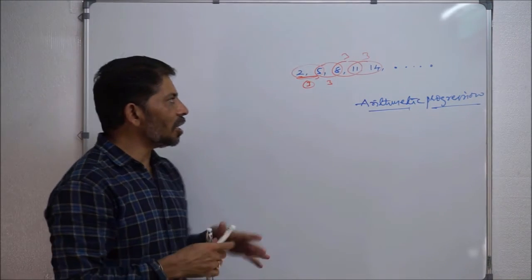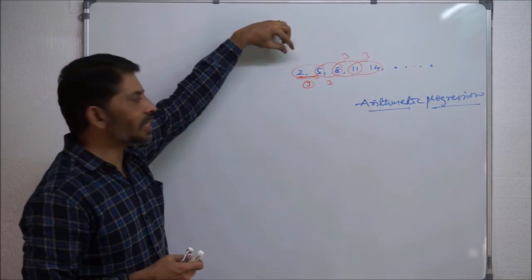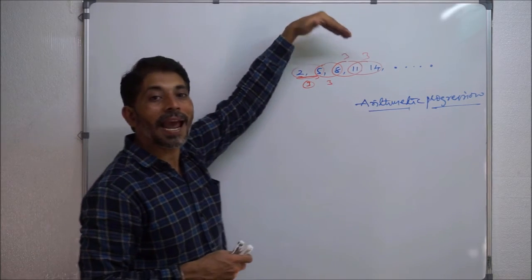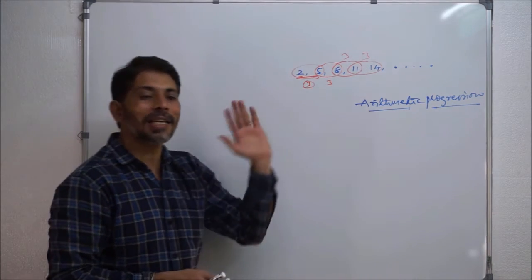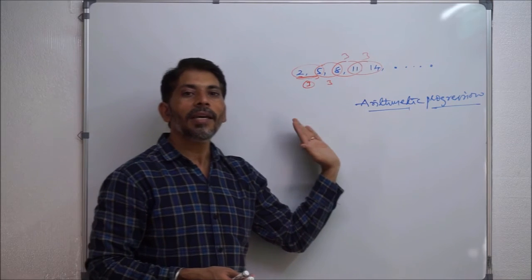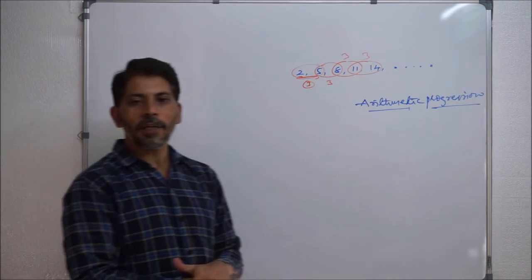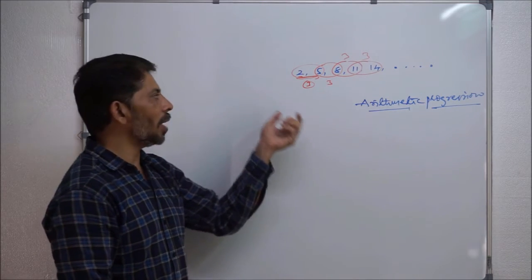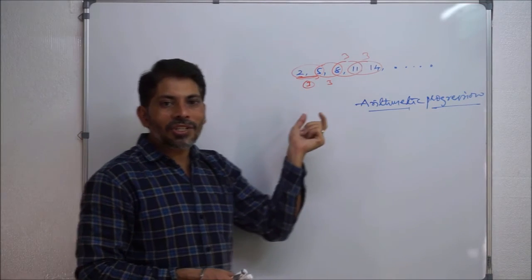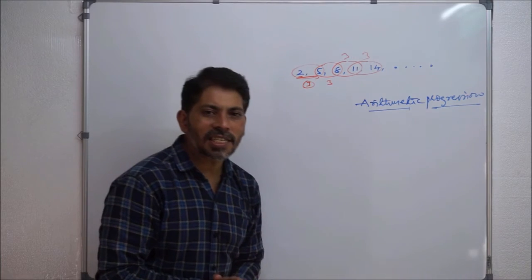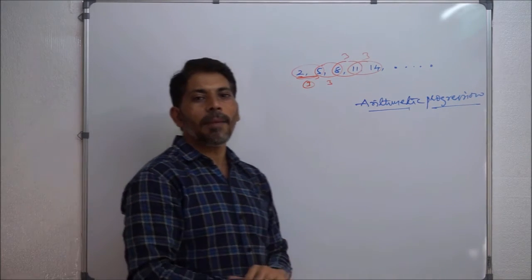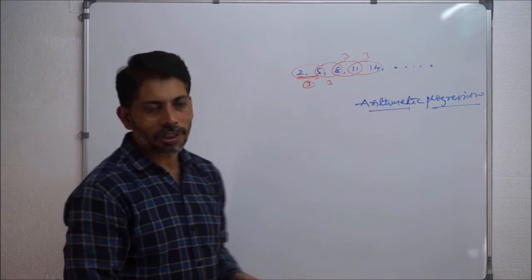The progression in which each term except the first one is obtained by adding a fixed number to its immediate preceding term is said to be arithmetic progression. Or else we can define arithmetic progression in another way: the progression in which the difference between two successive terms in order is always the same is known as arithmetic progression.